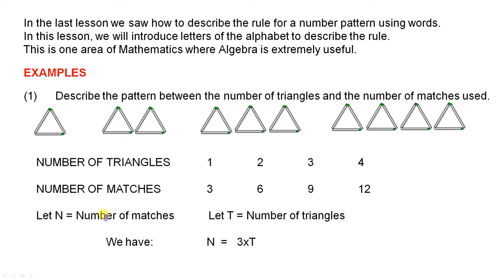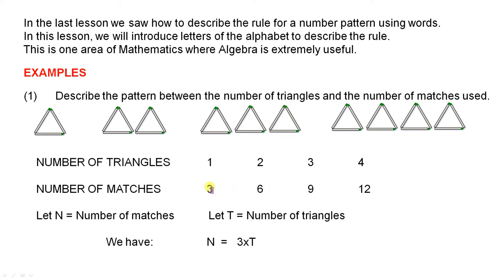So if we let n equal the number of matches and t equal the number of triangles, we have n, the number of matches, equals 3 times t. 3 times the number of triangles. Because look, 3 ones are 3, 3 twos are 6, 3 threes are 9, and 3 fours are 12.